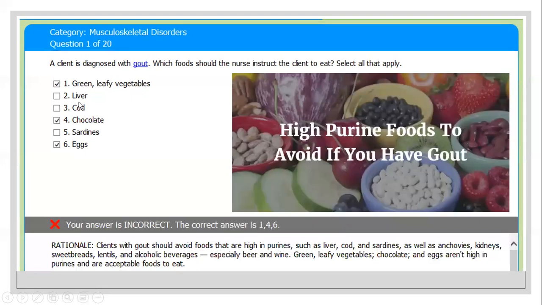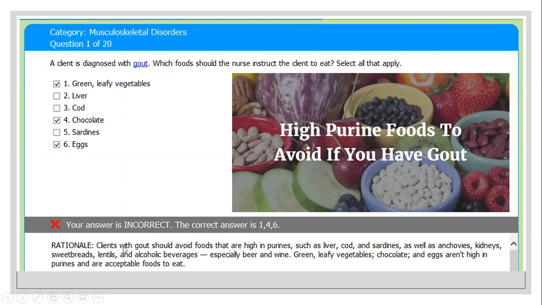Basically, high purine foods are better avoided by those who have gout. What foods contain high purine? Like liver, cod, and sardine or sea fish, right? The green leafy vegetables, the chocolate or eggs are good for the patient who has gout.